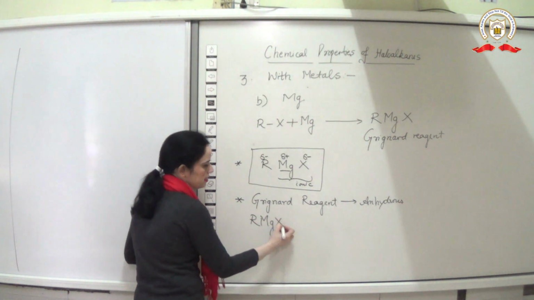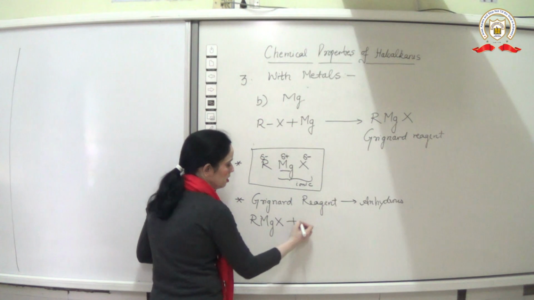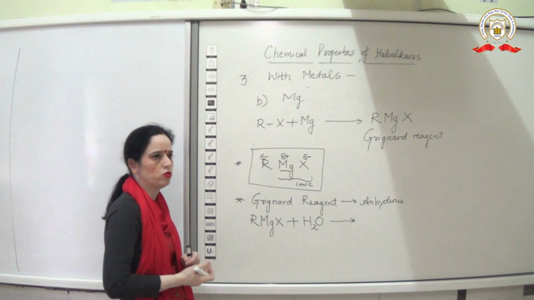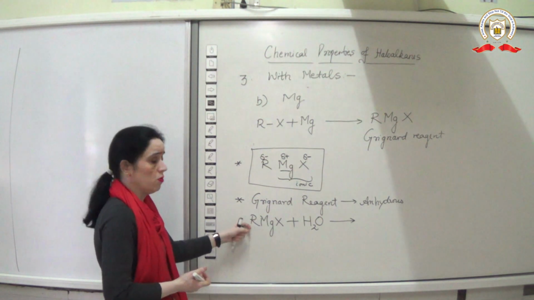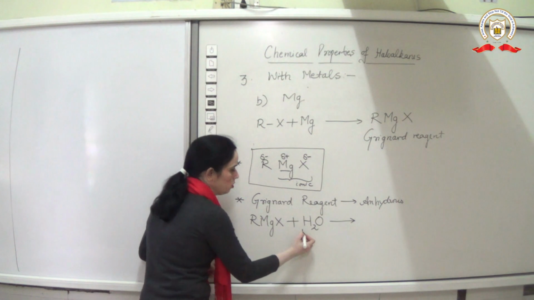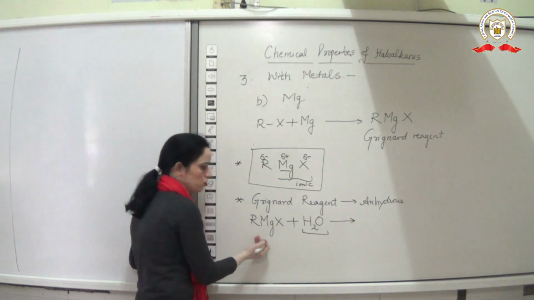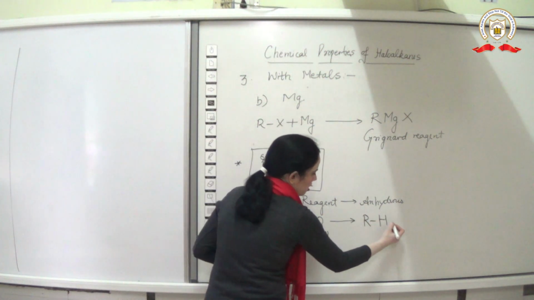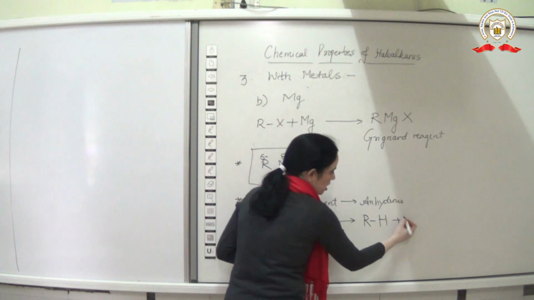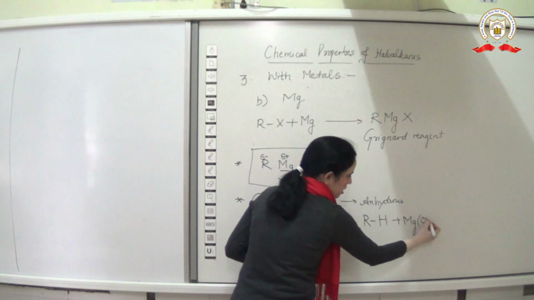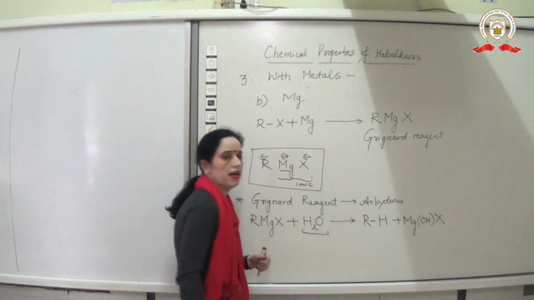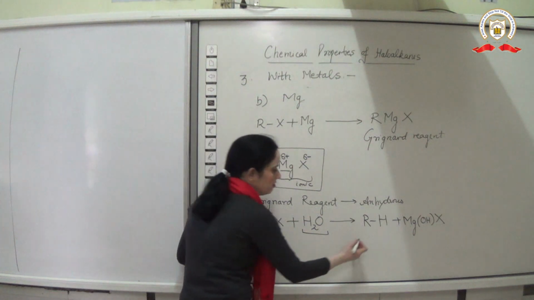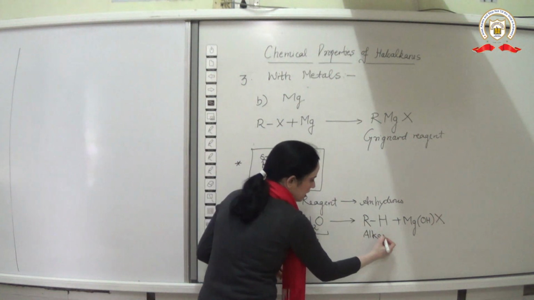So let's have a look. When RMgX, that is Grignard reagent, comes in presence of any protic solvent, which is going to provide a proton, what happens to it? It donates a proton to the R part. What we get here is RH along with Mg, known as alkane.